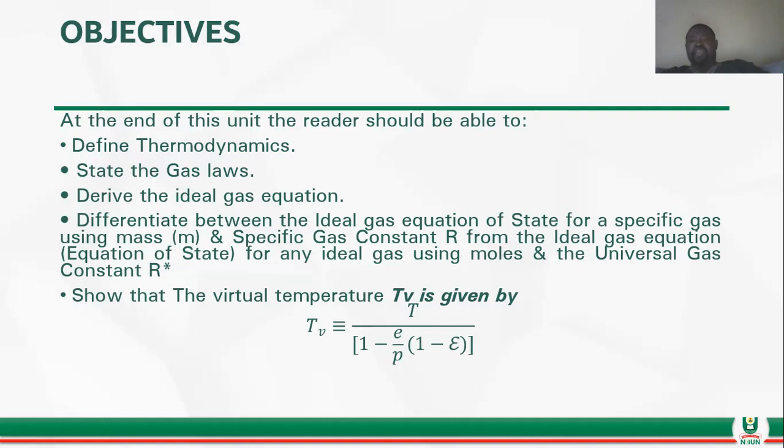And then you should also be able to show that the virtual temperature, T subscript V, is given by T subscript V equals T all over 1 minus e over p into 1 minus epsilon, then close the bracket.